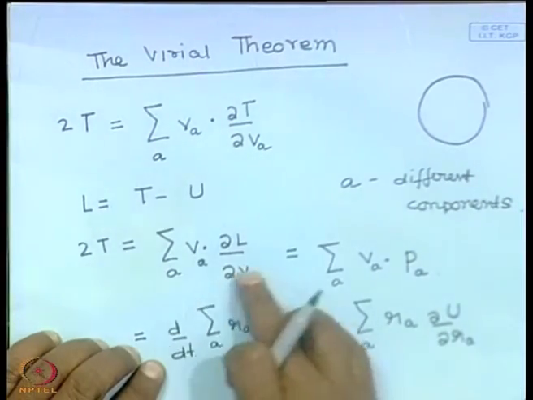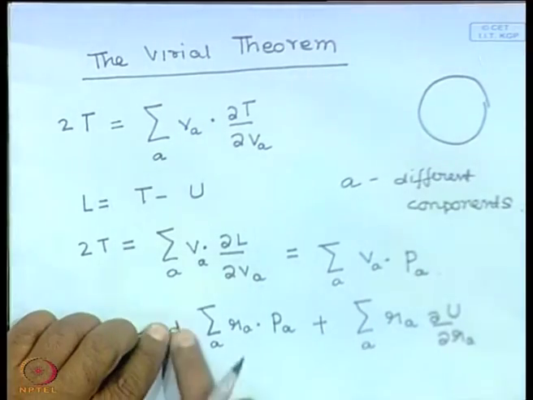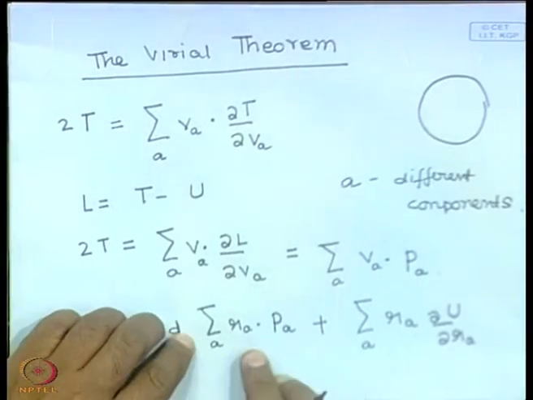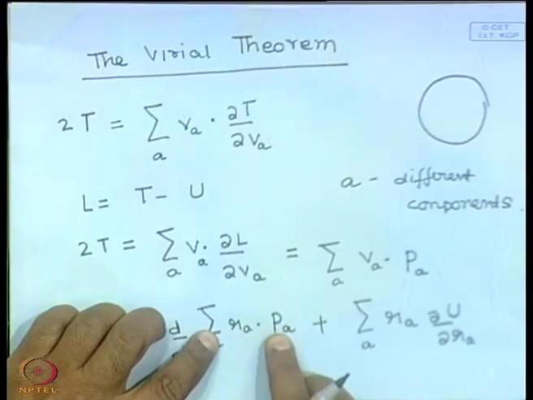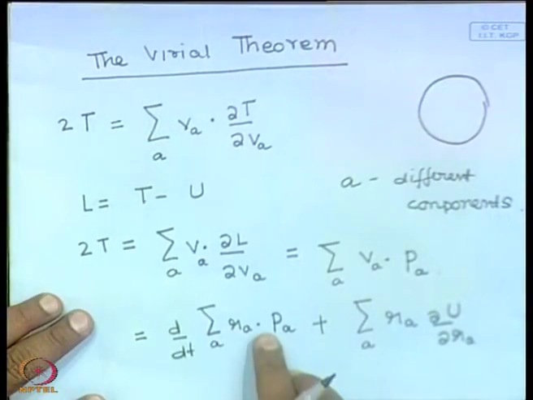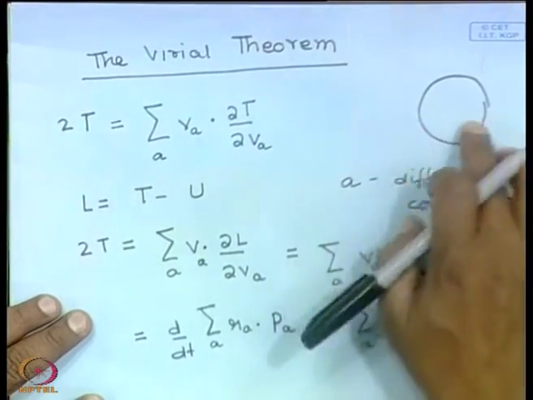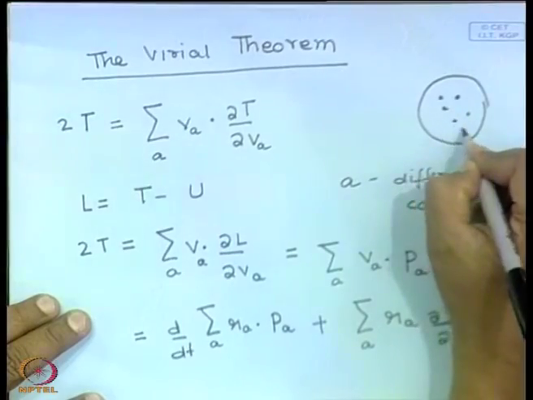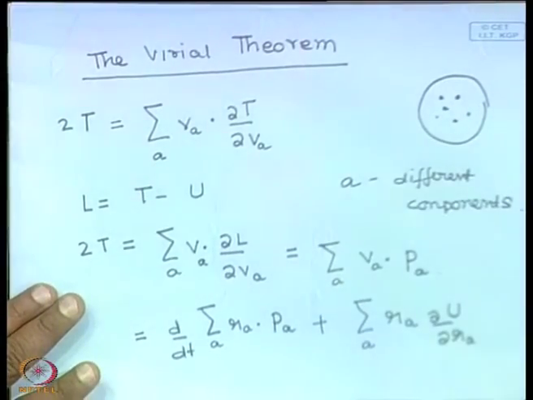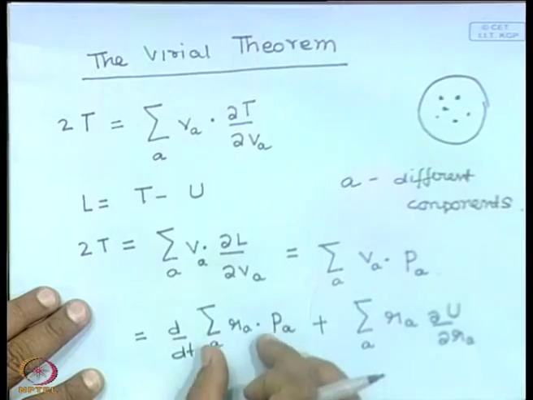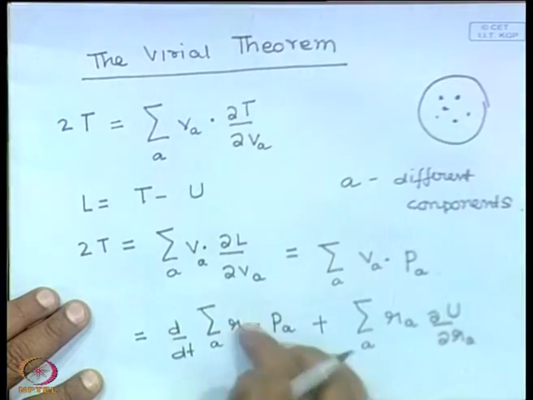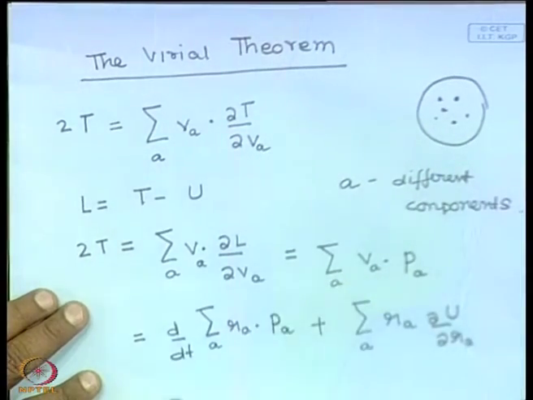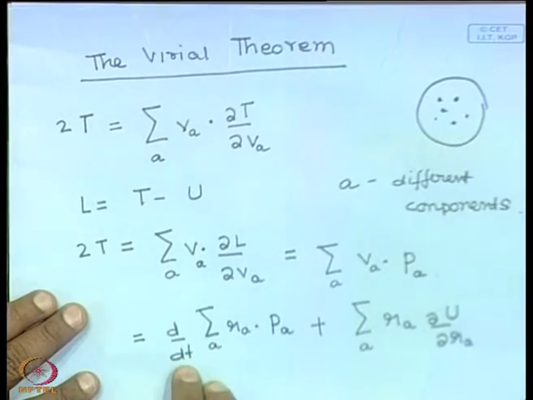Now, this term is the total time derivative of this quantity, which is r into p, which is called the virial, summed over r into p over all the components that make up my system. So, I may have many particles. Okay. So, I have to calculate this quantity r into p for all of these particles and then sum over it, and then I have to take the time derivative of that.